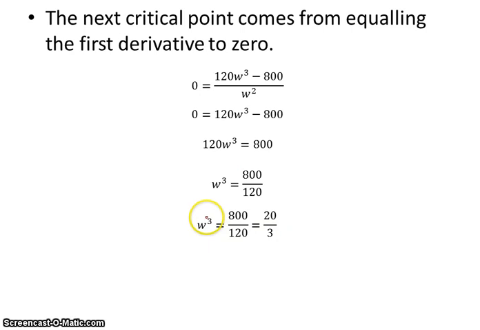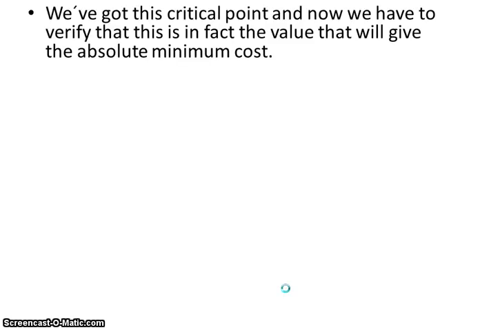And if we find the cube root, because in order to get rid of this exponent we have to find the cube root, we end up with w equal to the cube root of 20 over 3, which is approximately 1.8821.